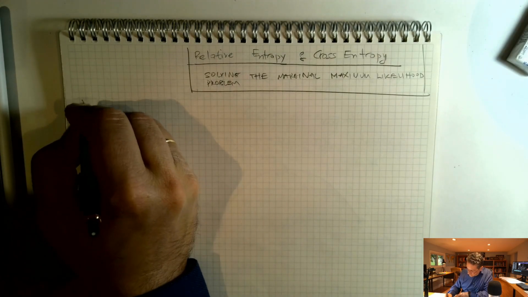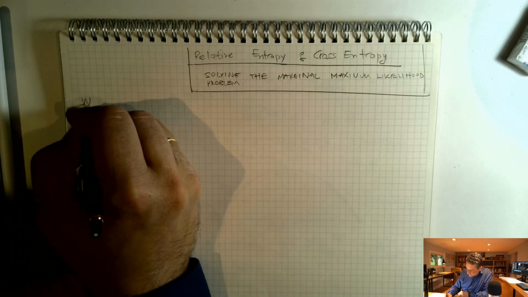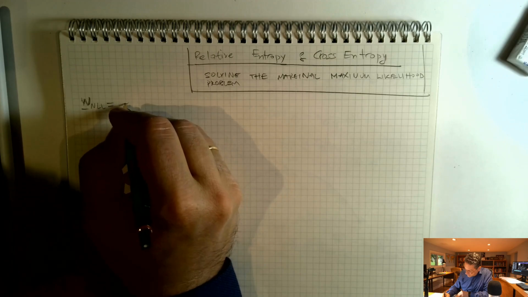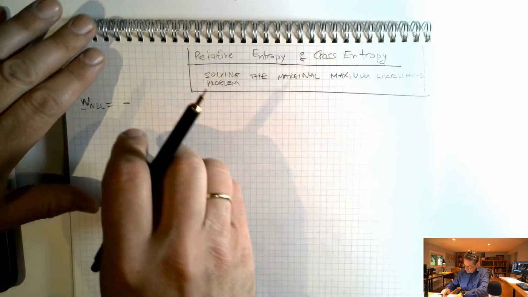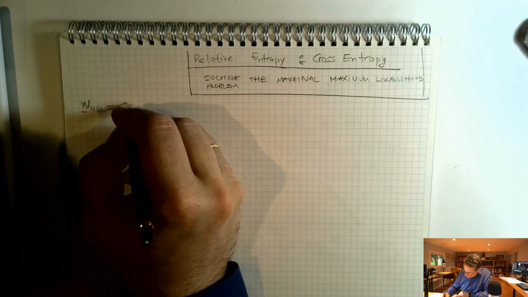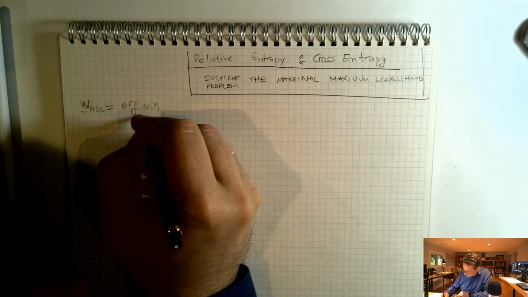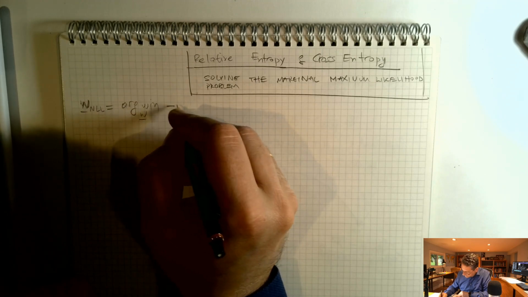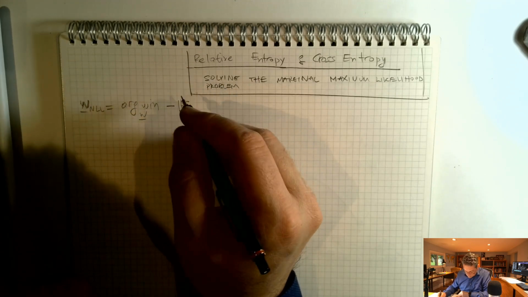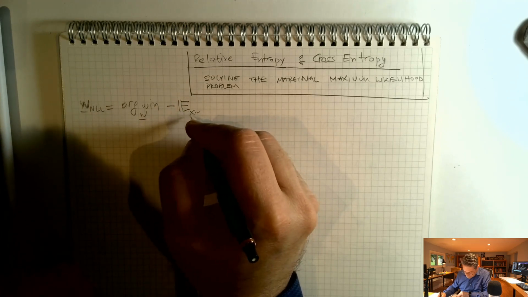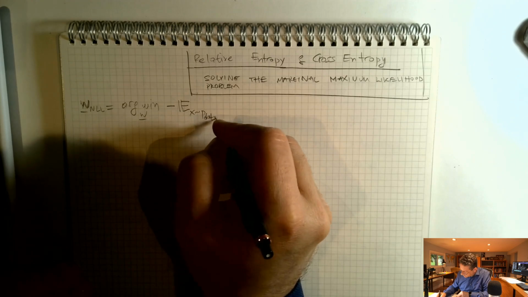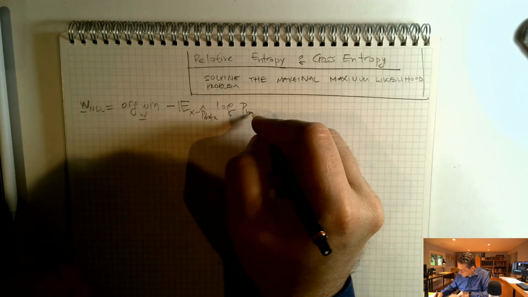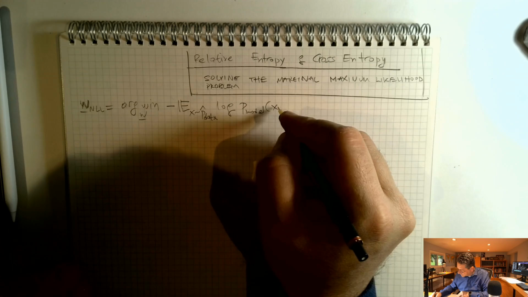We've seen that W NLL is the argmin over all sets of parameters W of a quantity that is minus the expectation over all samples that can be produced out of my P data hat distribution of log of P model of X given W.